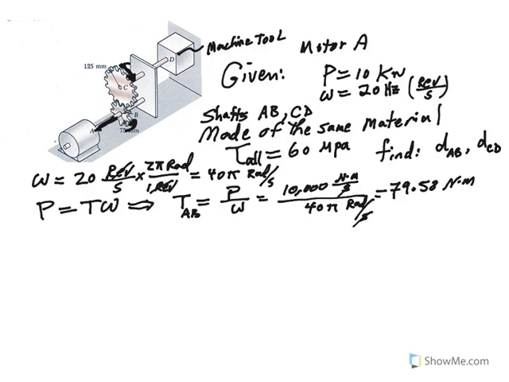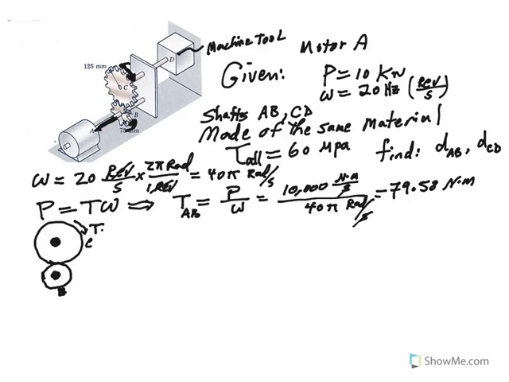Knowing that, basically we have two gears like this. This is gear B and this is gear C. This is the shaft CD going through here, and this is the shaft AB.